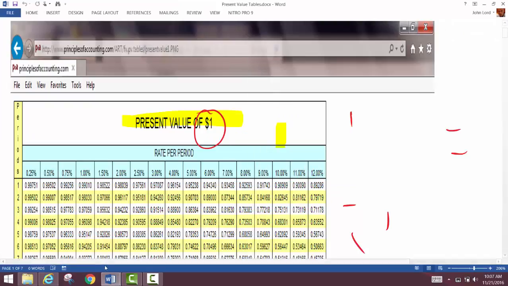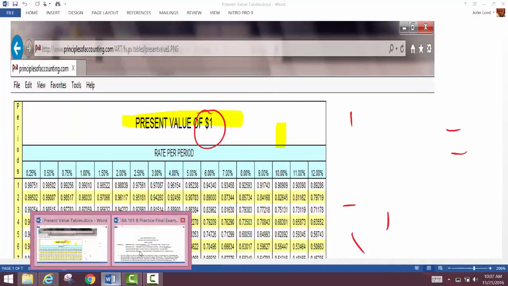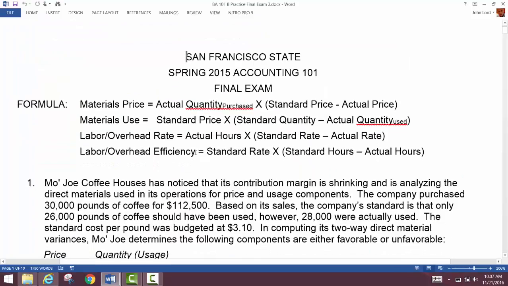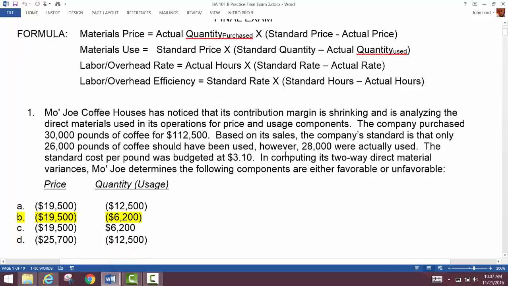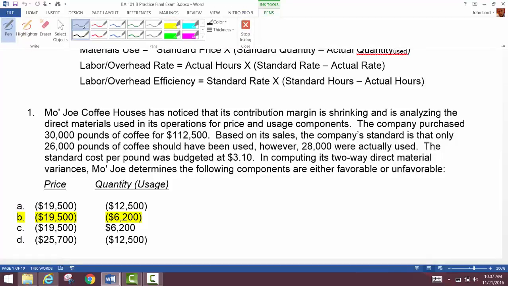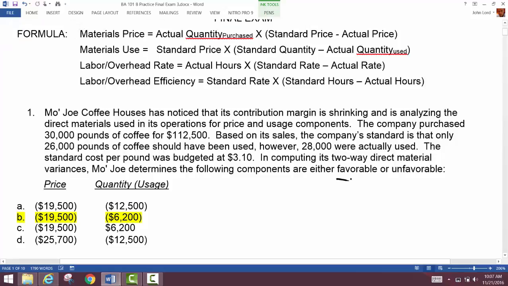Okay, but let's go ahead and take a look at this test. We've got this Mojo Coffee House that notices its contribution margin is shrinking, and it wants to try to figure out what's going on.